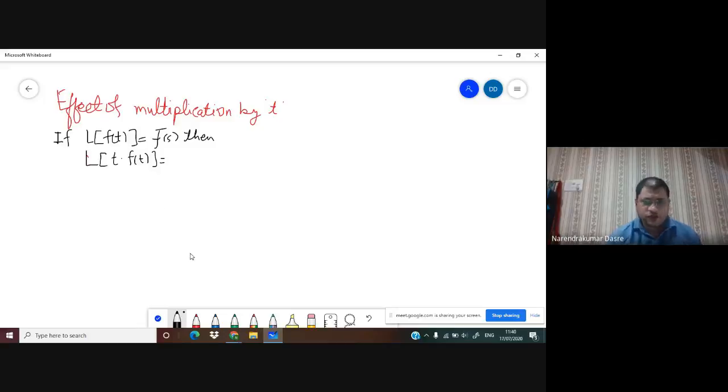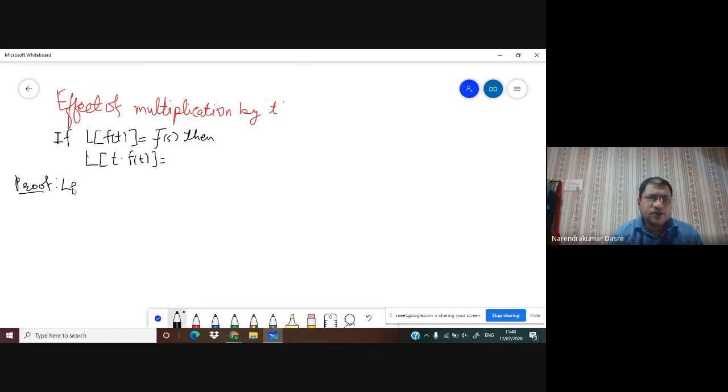This is what we want to find out. Now, we need to understand how we are able to get this. So the basic thing is the definition of Laplace transform. Okay, so we'll go with the proof.